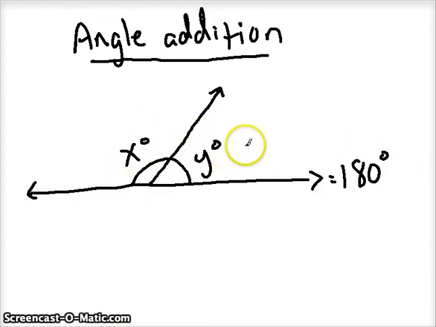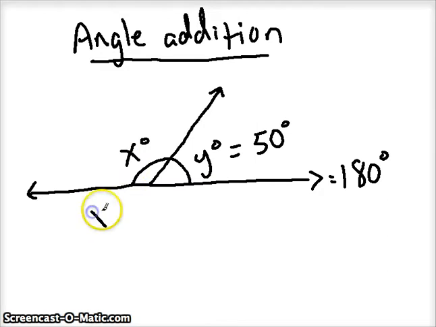So let's say we know y. Let's say that y, we measured it and it was 50 degrees. Well, if I know that this much is 50 degrees, then this has to take me from 50 up to 180. So whatever I need to get from 50 to 180 degrees is what x equals.